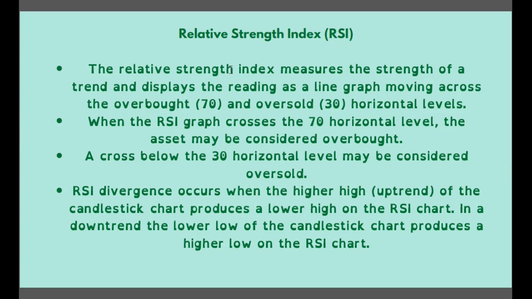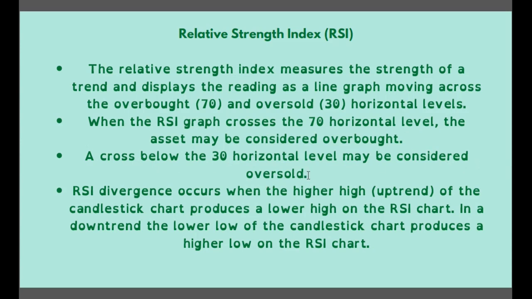The RSI, the relative strength index, measures the strength of a trend and displays the reading as a line graph moving across the overbought 70 and oversold 30 horizontal levels. When the RSI graph crosses the 70 horizontal level, the asset may be considered overbought.